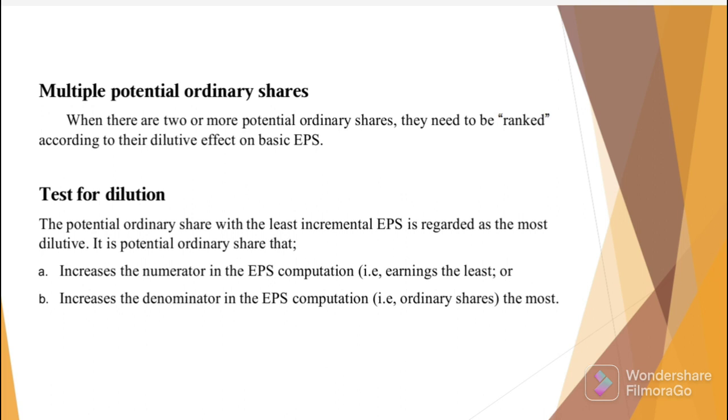Options and warrants that are in the money are usually regarded as the most dilutive because they result in no incremental EPS. Second, convertible bonds are dilutive if their assumed conversion does not increase diluted EPS or does not decrease diluted loss per share.